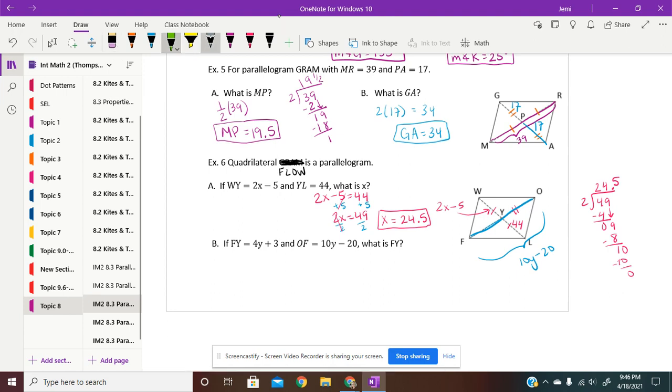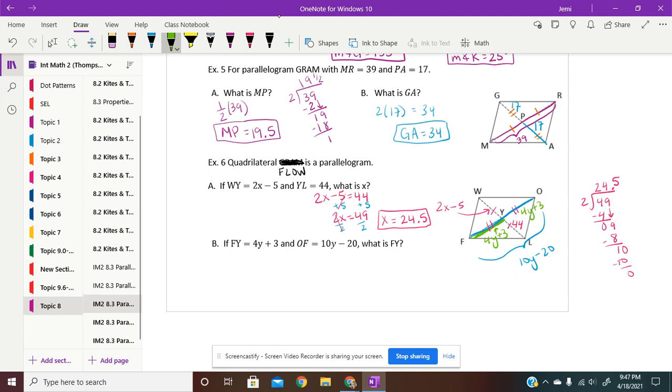I'm going to change my color scheme here. See if we can make a little more sense out of this. Okay, so the green part is just half of this line, right? So if that green part, if FY is 4y plus 3, wouldn't you agree that OY could be 4y plus 3 also? Right?